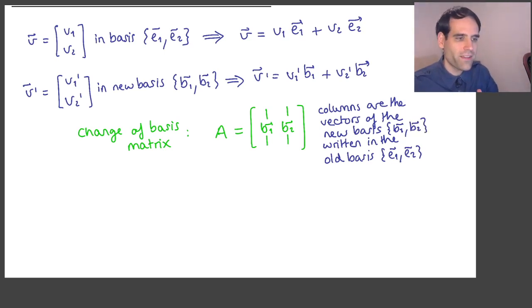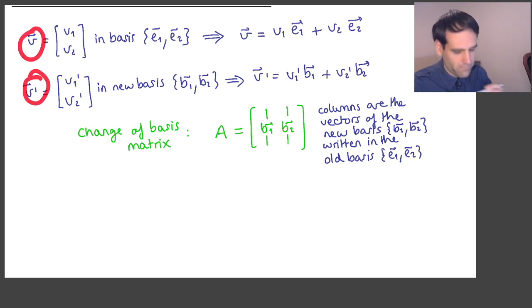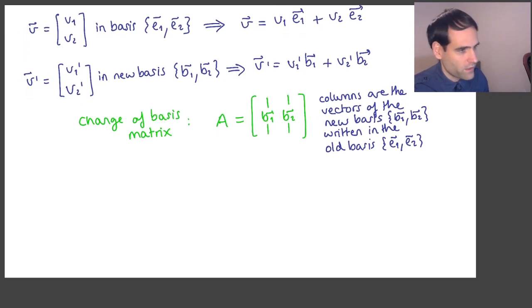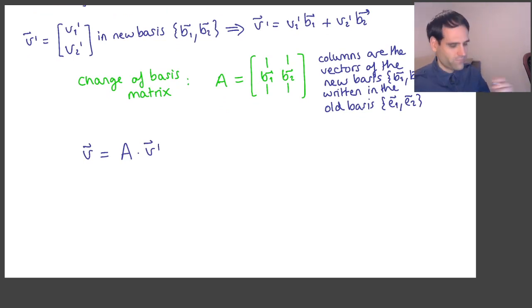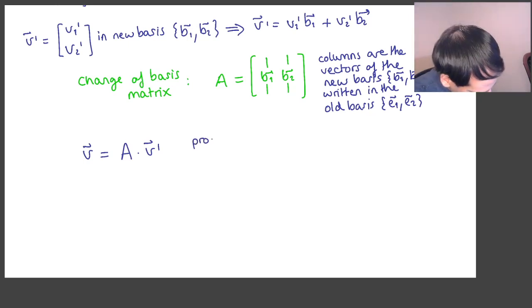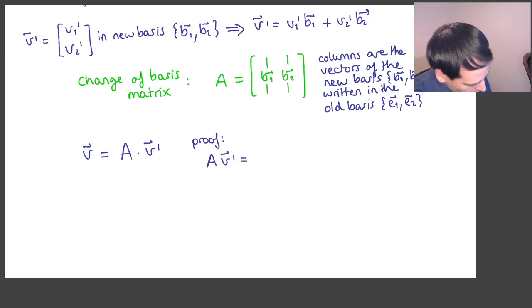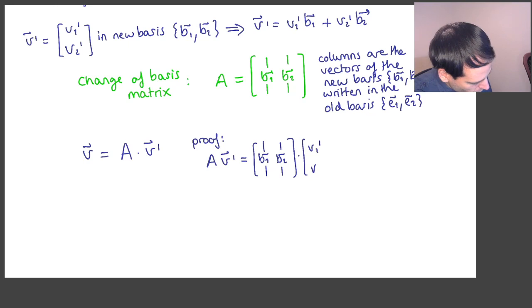Okay, so using this matrix we can now change from vector v prime into vector v. So this is how it works. So vector v is equal to A times vector v prime. Okay? In order to prove it, it's very simple. So A times vector v prime is equal to this matrix, which has column v1 and column v2, times vector v prime, which is v1 prime and v2 prime.